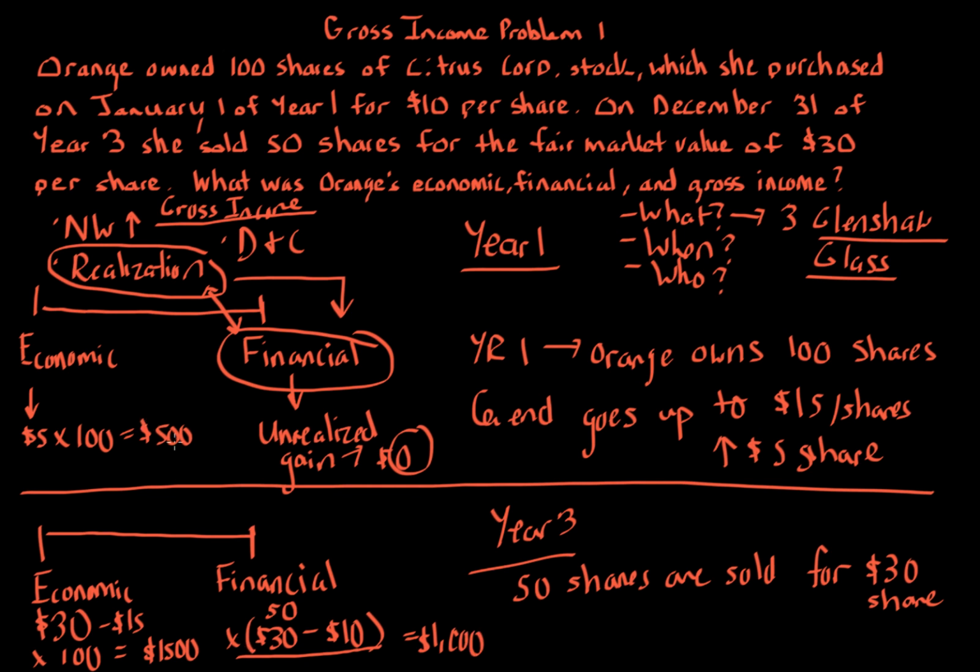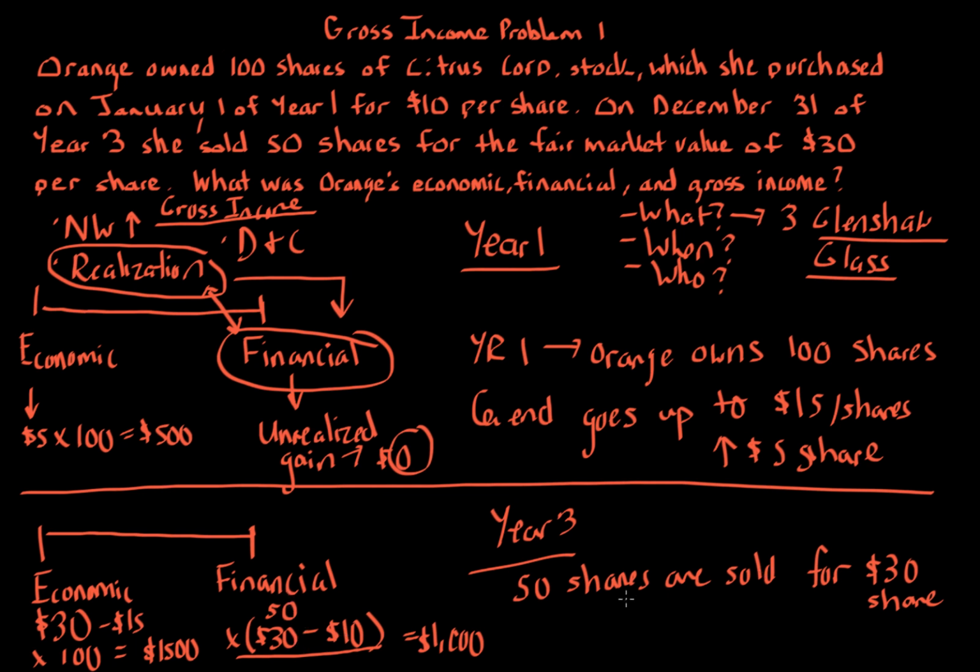$1,000. And you notice that you see the $1,000 amount here, and that's only from those shares. The other amount for the other 50 shares would be recognized economically, because this equals 2,000. 2,000 minus 1,000 is 1,000. That's the difference for the other 50 shares times the $20 amount.